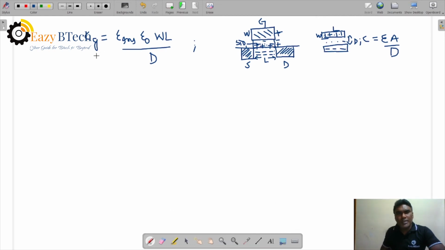So that is called as a gate to channel capacitance. Cg we can write here. Cg is a gate to channel capacitance. Charge induced by applying external gate voltage.